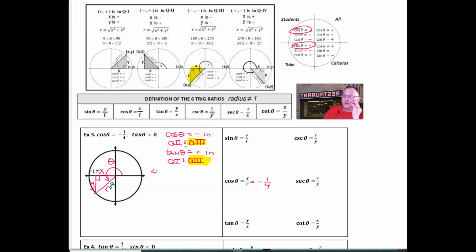Okay, so I know 4 is equal to the square root of x squared plus y squared. Square both sides, and I get 16 is 1 plus y squared. So subtract 1 from both sides, and I get 15. So the square root of 15, I can't simplify, so I just leave it as root 15.